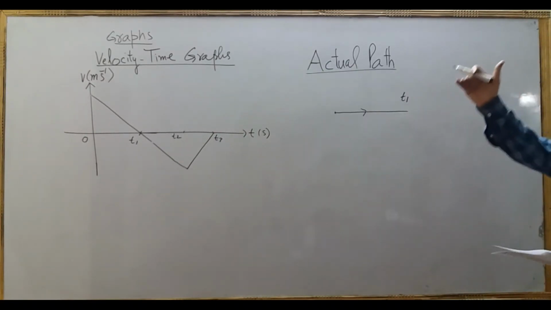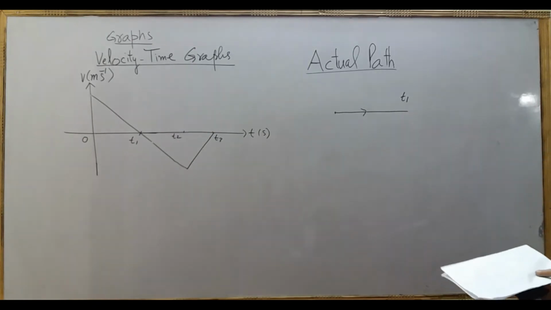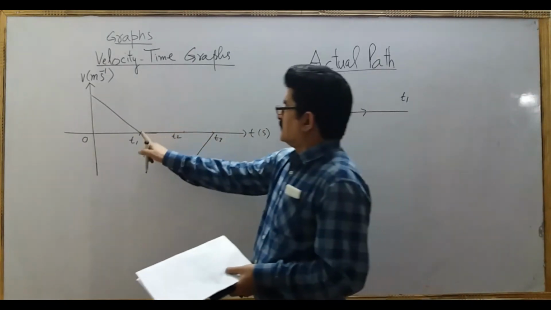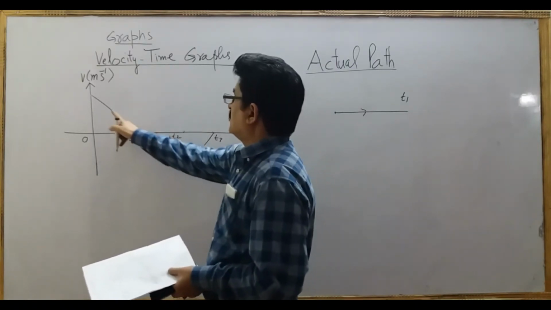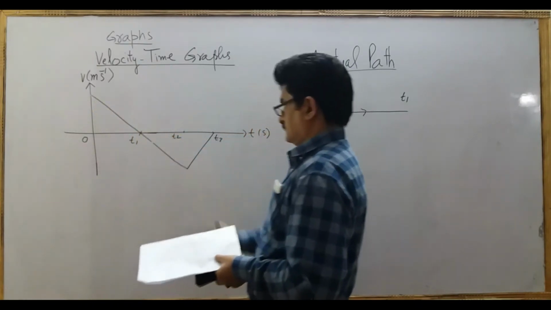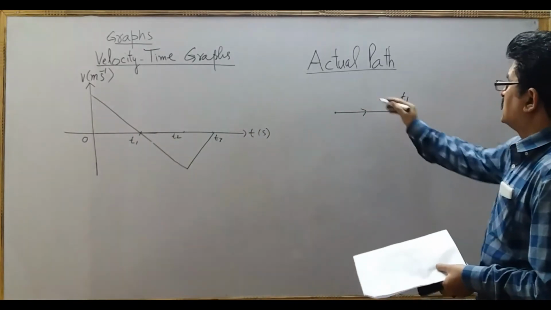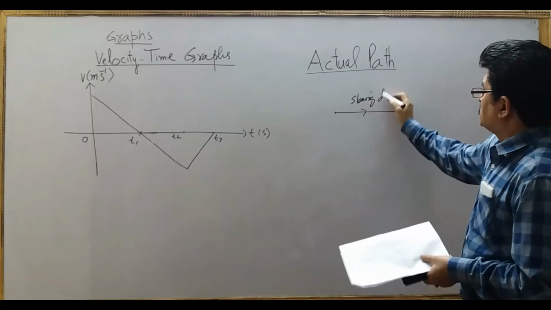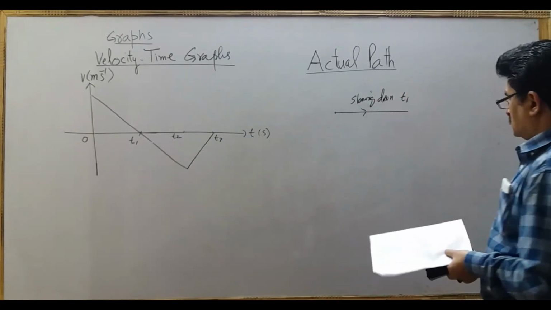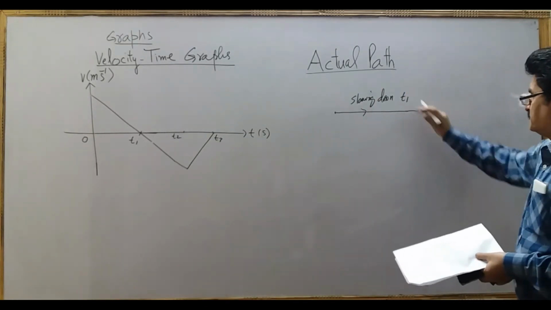It is moving with decreasing velocity, so up to time t1 the gradient is negative. It means that it is slowing down.